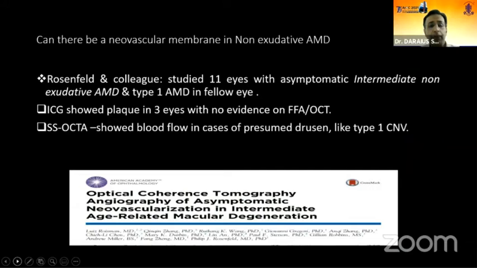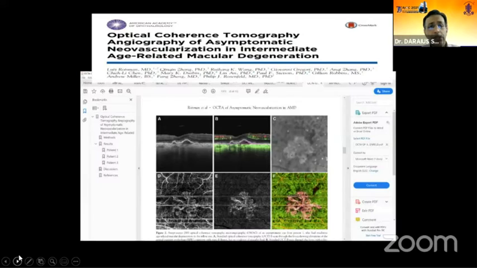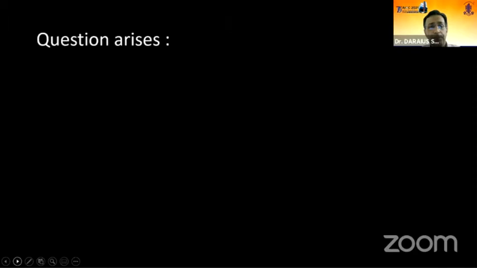Can there be a neovascular membrane in non-exudative AMD? So this is a very interesting topic. They studied eyes with asymptomatic intermediate AMD, and they found that 3 eyes showed a plaque with no evidence on FFA. So this is a very important situation where we are picking up these sort of networks in asymptomatic patients.